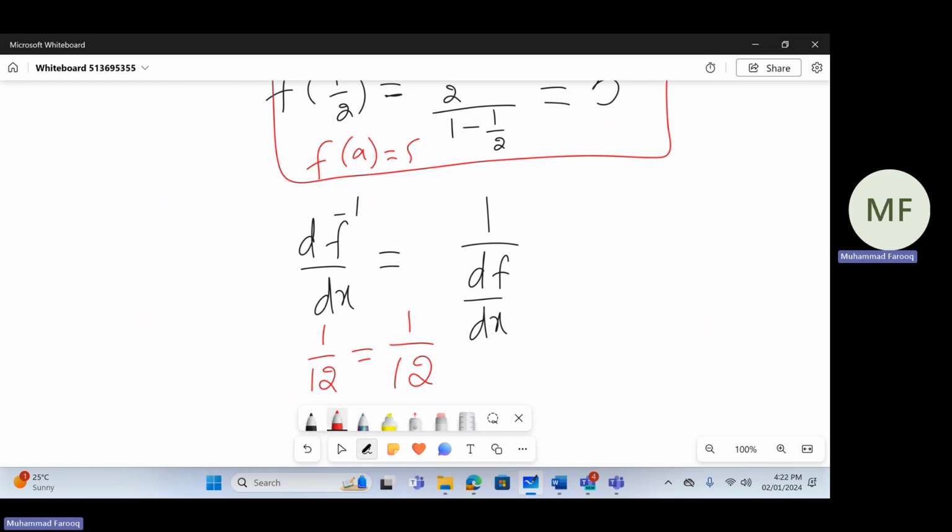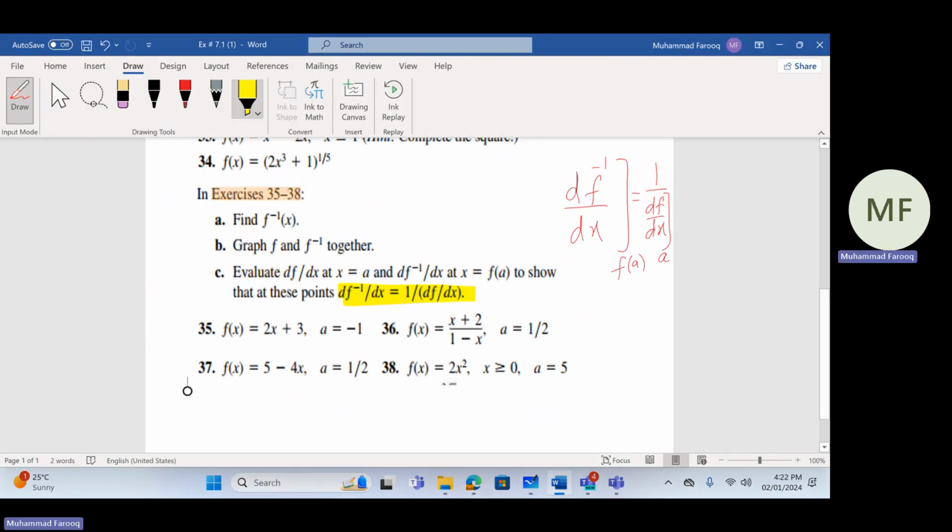Now I give a question, meaning how in the exam you get the question. Frankly speaking, until now we have not started the transcendental functions. We did not discuss log function or exponential function.